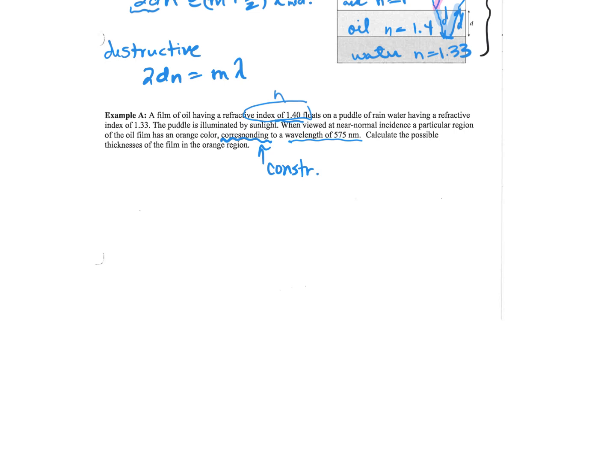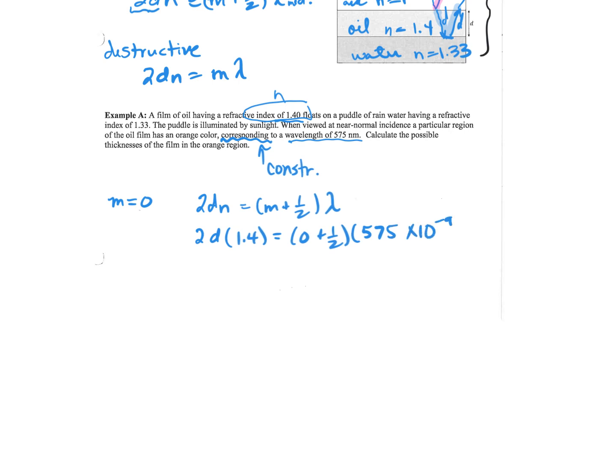For possible thicknesses of the film, we're going to start at m equals 0. So we use 2dn equals m plus 1/2 times lambda. We've got 2d times n, which is 1.4, equals 0 plus 1/2 times the wavelength, 575 times 10 to the negative 9th.